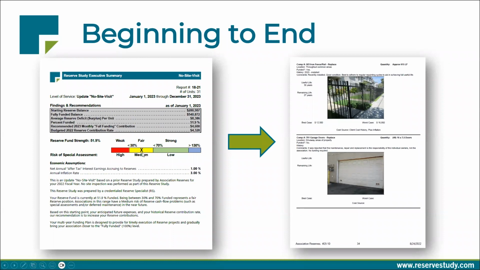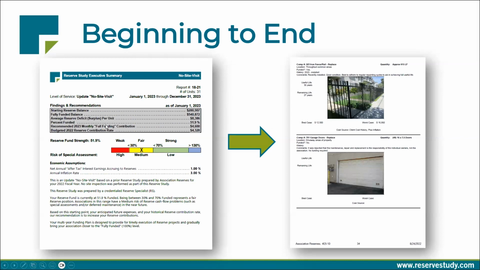You see that here in the chart, which, as we showed in that chart just a moment ago, it's about a medium risk of special assessment, a medium risk of running out of cash. And our recommendation is for $4,600 of reserve funding per month. And that's a little bit of an increase from their $4,320 in the last year. So kind of a big picture. And then there will be the component list that follows.